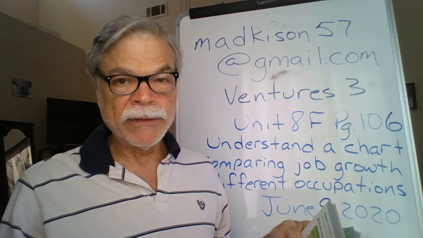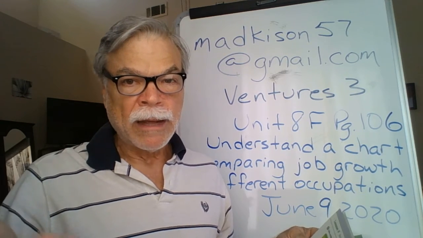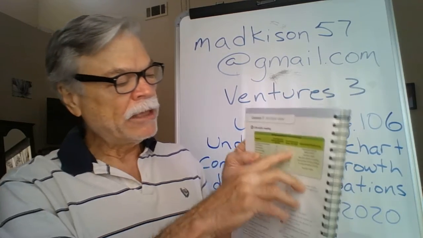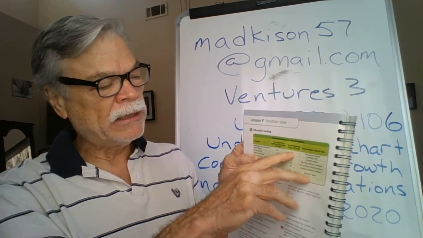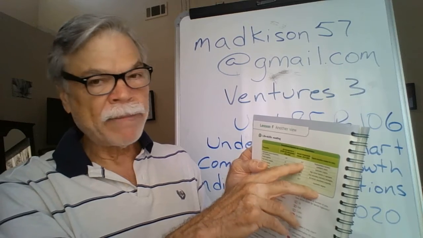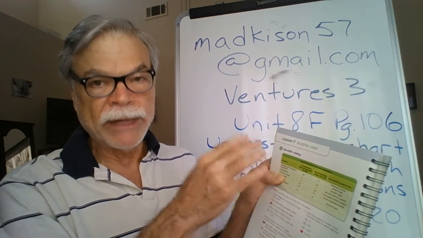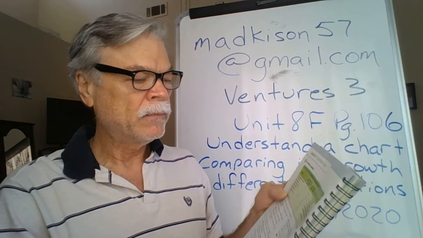If the number's positive, it means it's an increase. If the number happened to be negative, it would mean a decrease. But as you can see, all of these percentages are positive, so that means there's an increase in the number of jobs in every category for each different occupation.